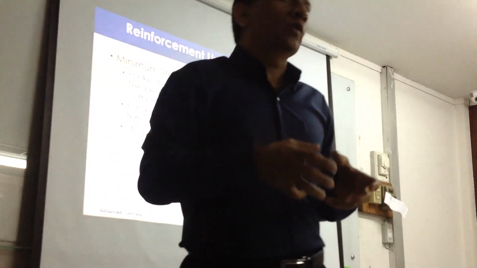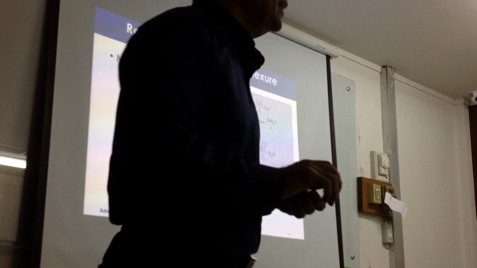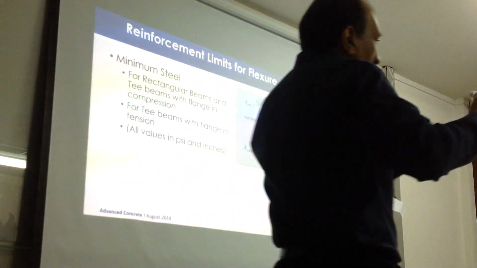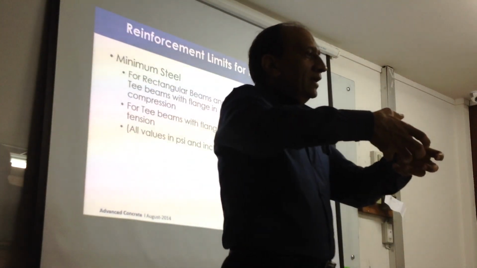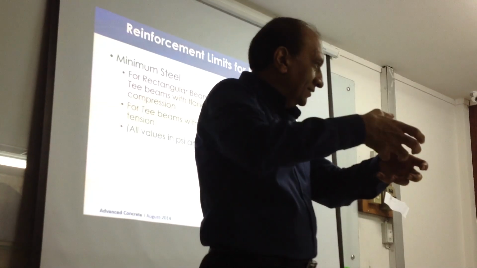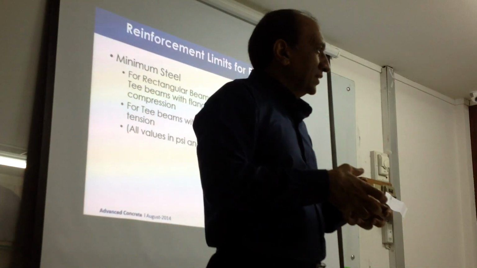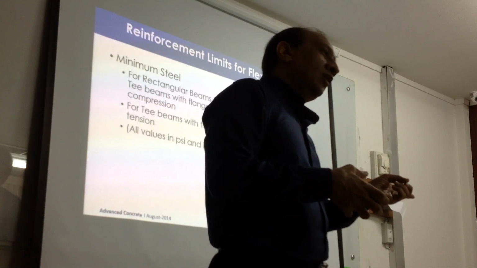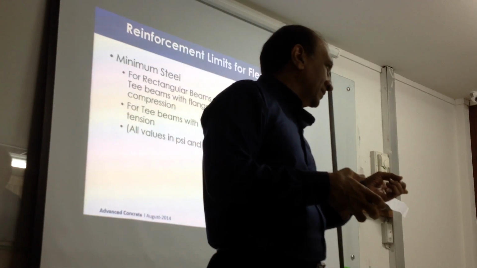Now, let's say there is an overload, live load. What will happen? First of all, the beam will continue to get moment until it cracks. So the moment will reach 100 and then it will crack. The reinforcement will not be utilized at that time, so it doesn't matter.